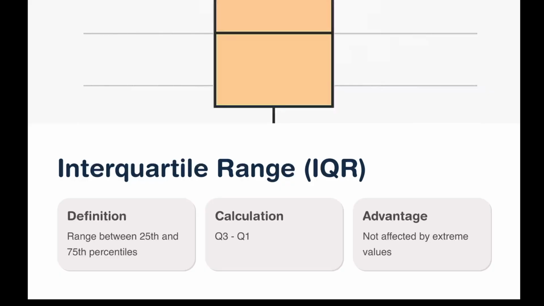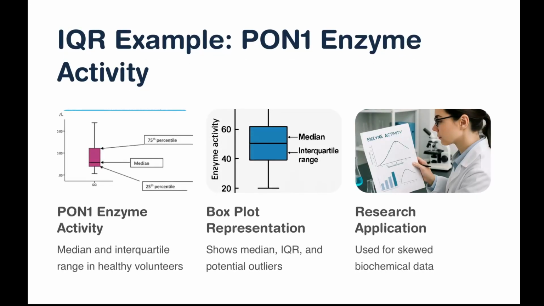And what is the advantage? It's not affected by outliers because it's the middle portion and a major portion of the data set. So for example, the median and interquartile range in healthy volunteers will be charted in this category. So this is the 50th, 75th, and this is the 25th percentile.